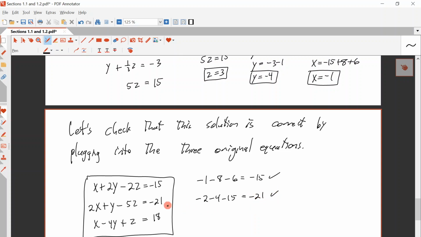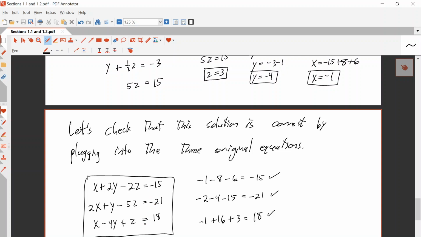All right, so that checks out. And then the last one is x, which is minus 1, minus 4y, so that's plus 16, plus z. So that's 19 minus 1 is 18. So that checks out. All right, so we're correct. We know we didn't make a mistake there. That is a solution to all three of those equations.